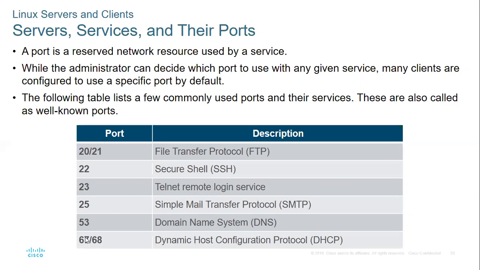Then we have 67, 68. These are port numbers that are used for Dynamic Host Configuration Protocol. This is the protocol that we use to assign IP addresses automatically in your organization. In your organization, computers can be given IP addresses manually or statically.